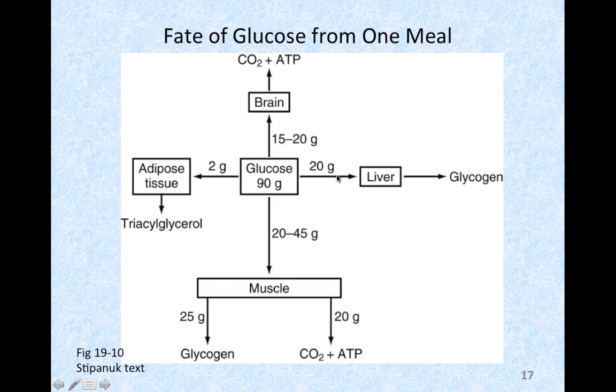Okay? And of course, quite a few of the amino acids from that mixed meal would go into the liver and be catabolized. Some of it would be used for protein synthesis in the liver. But a lot of those amino acids would be catabolized, and then some of those amino acids are used for protein synthesis in other tissues as well.